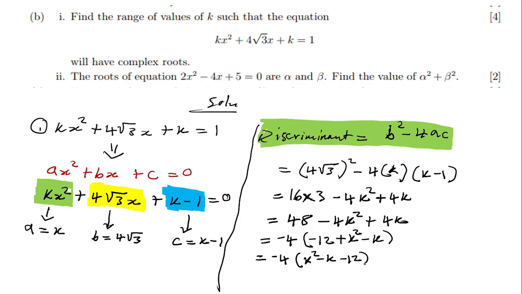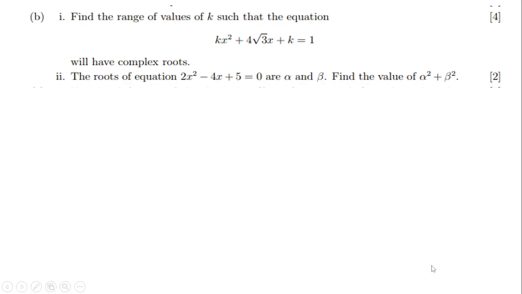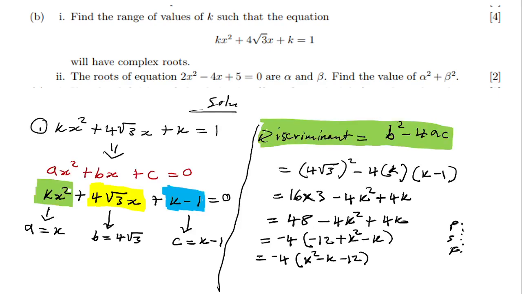Okay, so after I do that, what is my next step? My next step is now to factorize what is inside there. You can use product sum and the factor. For those who don't know how to do the product sum and factor, please you can check on my YouTube channel. I think I've explained that. So the product here, 1 times -12, it's -12.